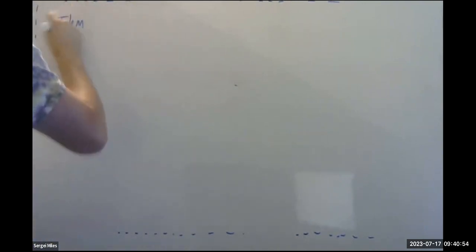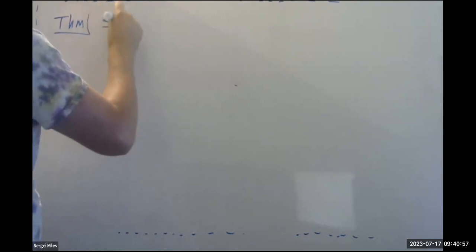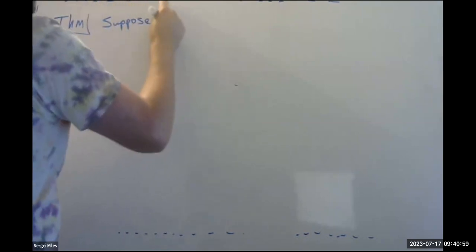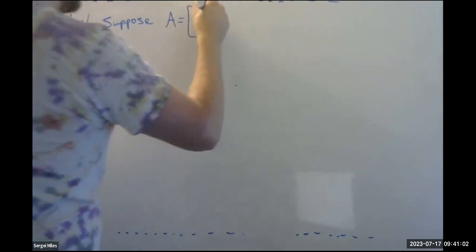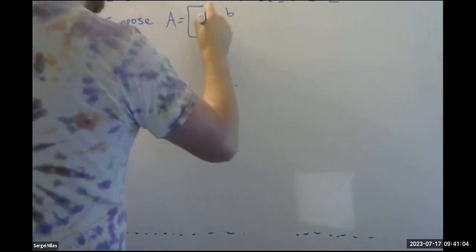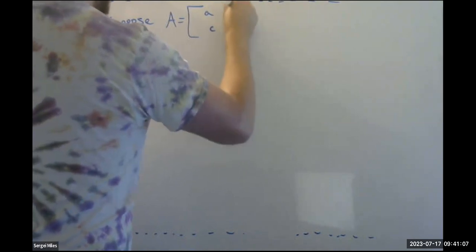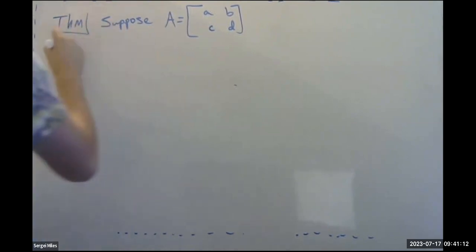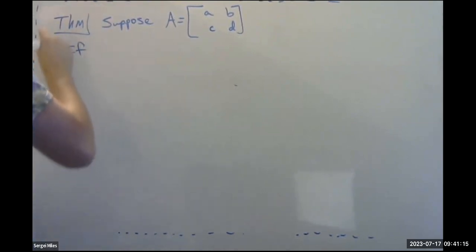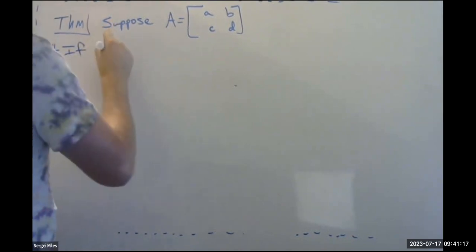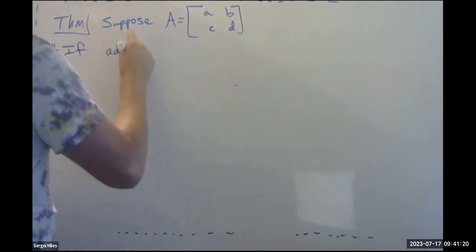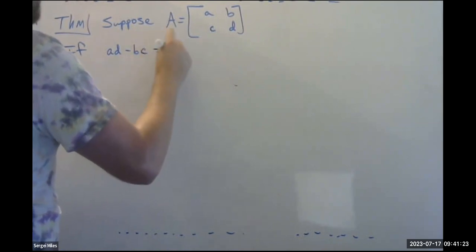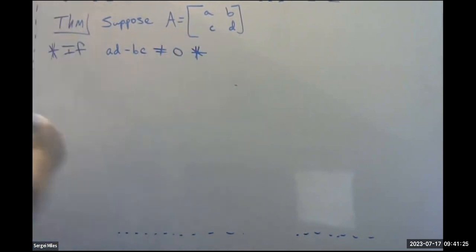All right. So, theorem. Suppose the matrix A is this 2x2, and it has the entries A, B, C, D. And we're going to have this specific requirement, and this requirement is key: if A times D minus B times C does not equal 0, why this specific equation?